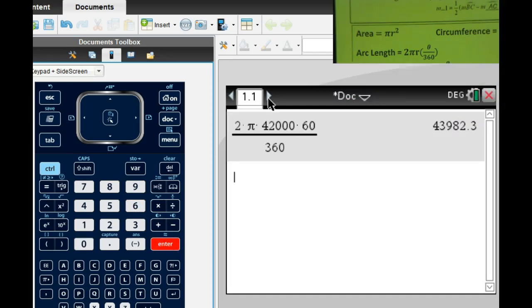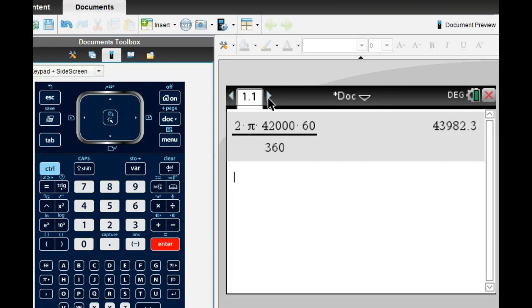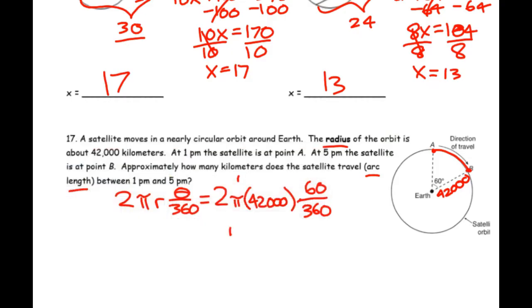Alright, and we get 43,982.3. So those are all measured in kilometers, km.